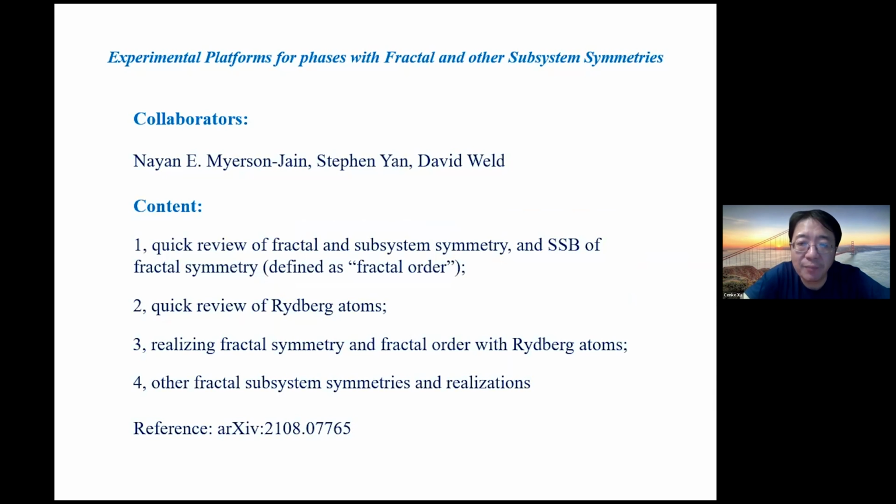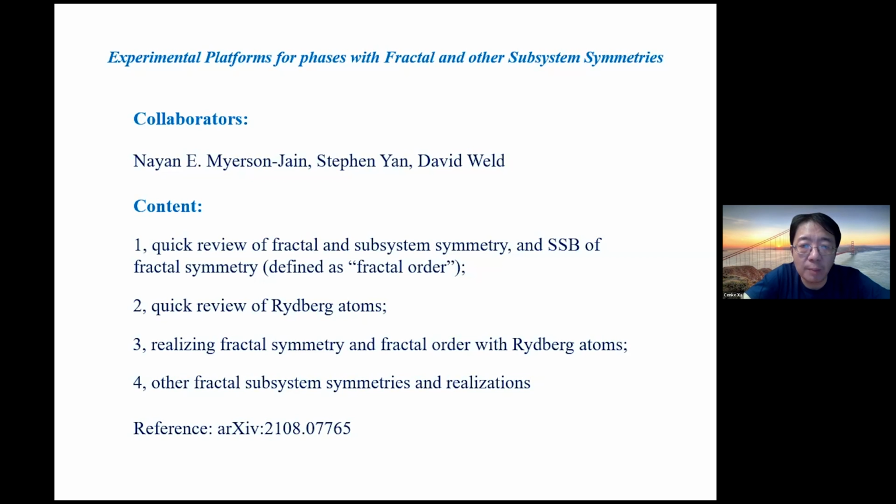Please note that this fractal order definition is slightly different from what people usually mean by fracton state. When people say fracton state, they usually mean fracton topological order. Here I just mean the fractal order is a spontaneous symmetry breaking of a fractal subsystem symmetry. I will get back to this point later as well.